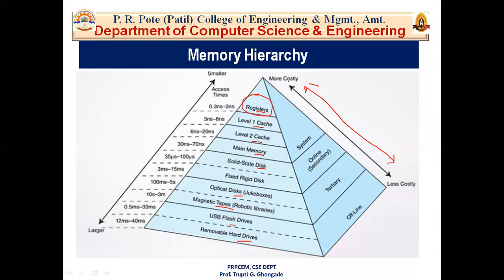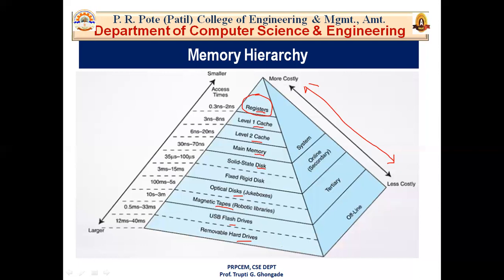As we go from top to bottom, the topmost memories are costlier than the bottommost memories. That means registers are costlier than cache memory, and cache memory is costlier than main memory, and likewise. Cost means cost per bit. This cost per bit decreases from top to bottom, or we can say it increases from bottom to top.